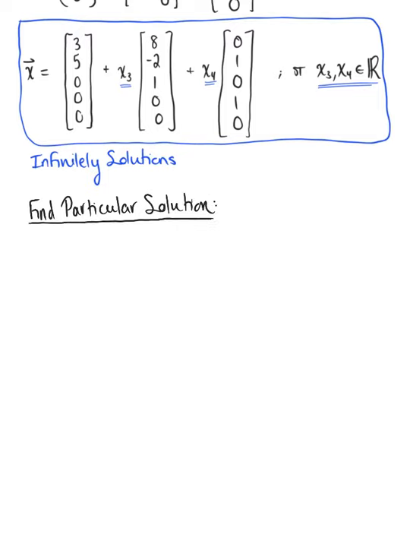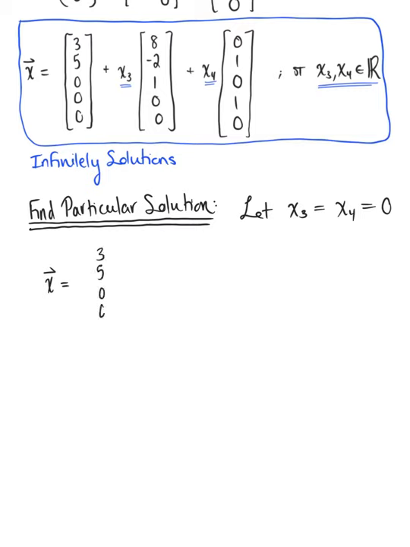And being a lazy mathematician, and I keep saying lazy, but it's just the most efficient and effective way to find a particular solution, not necessarily lazy. Let's let x sub 3 be equal to 0, and let's let x sub 4 be equal to 0.